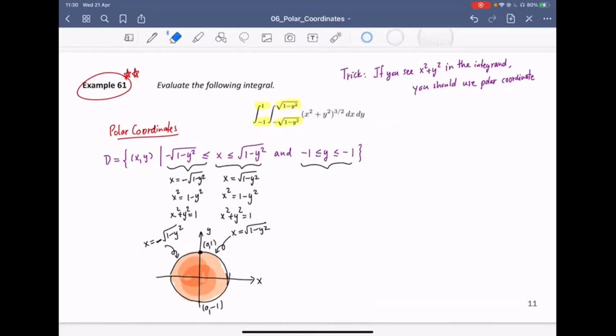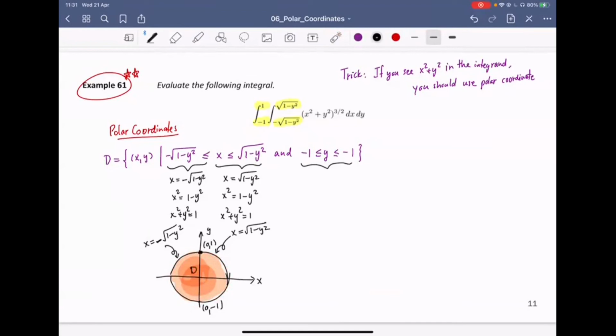Does it make sense? The area you integrate over is just the circle. The left curve is x equal to -square root of 1 minus y squared. The right curve is x equal to square root of 1 minus y squared. Good, we have the region D we want.